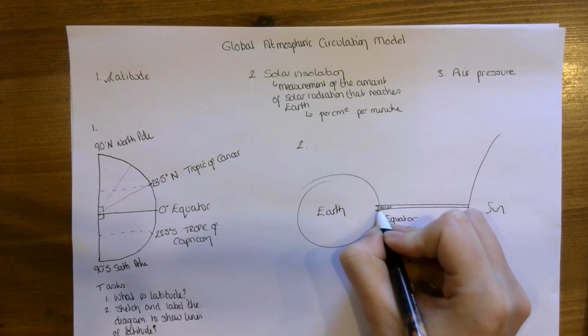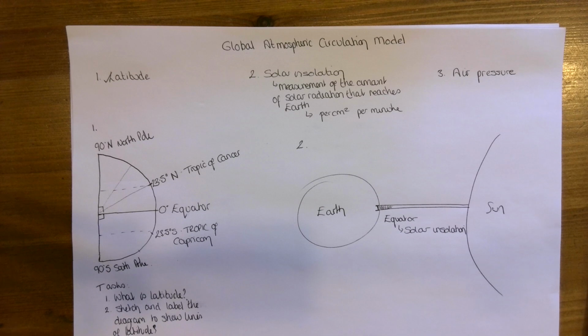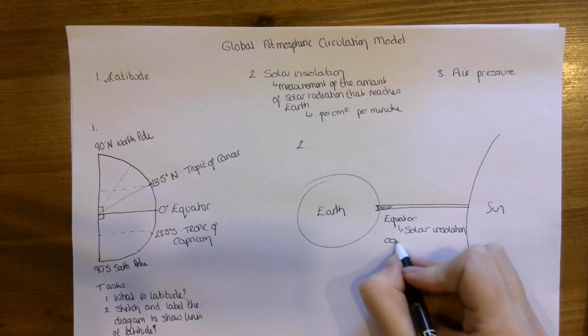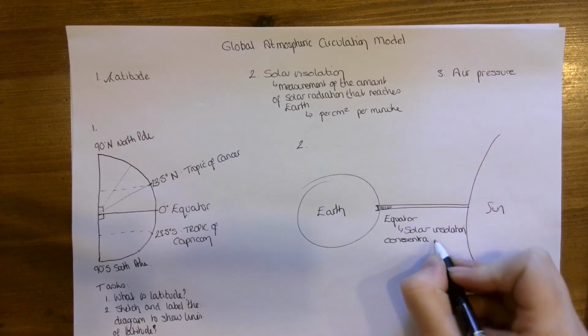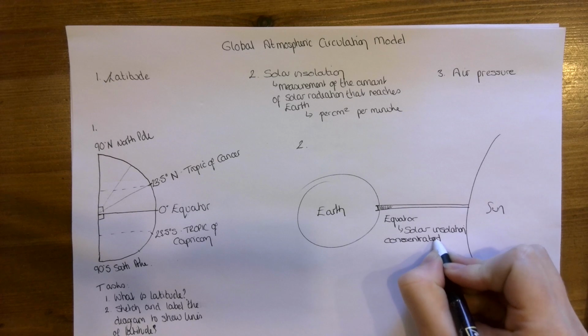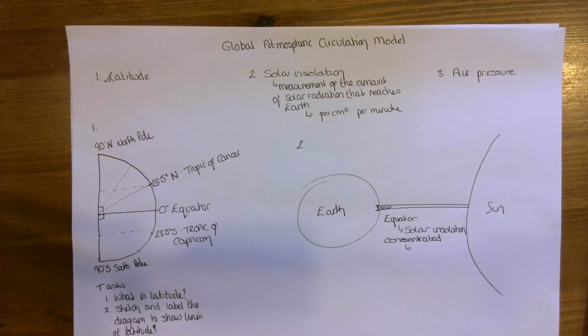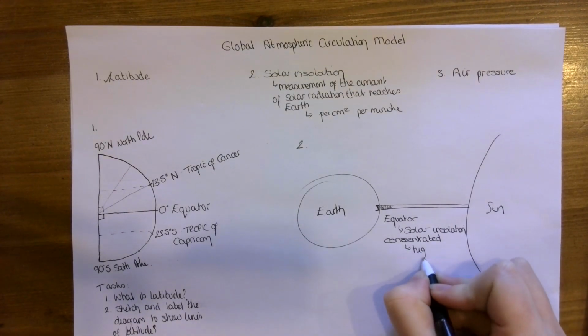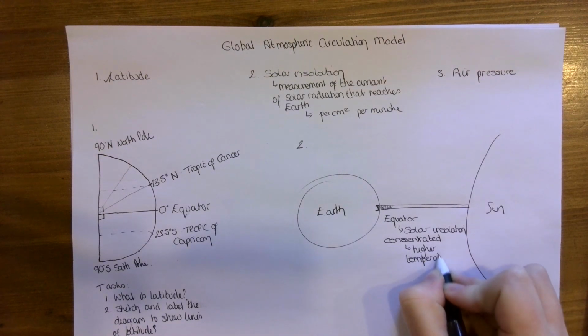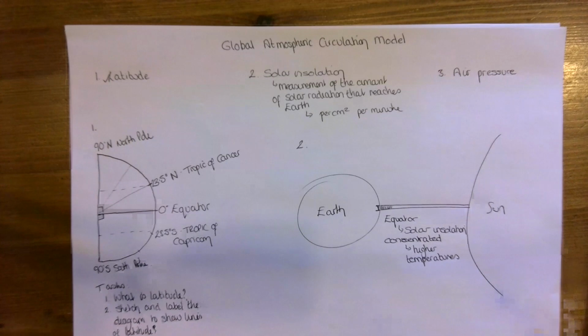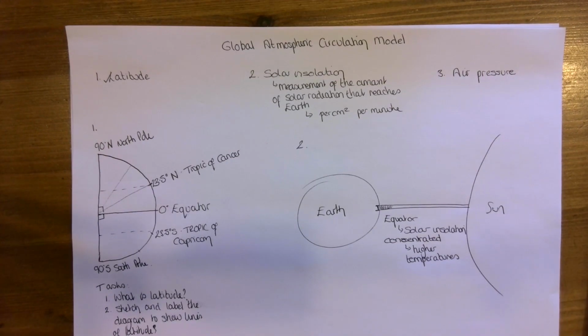That area there is the area that's being heated by our solar insolation. So at the equator, our solar insolation is concentrated, okay, which means that it has higher temperatures because the surface area it's heating is lower. Okay, smaller.